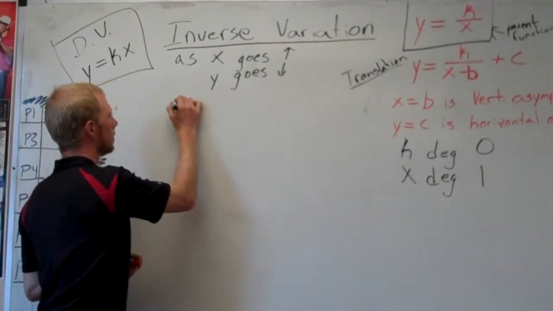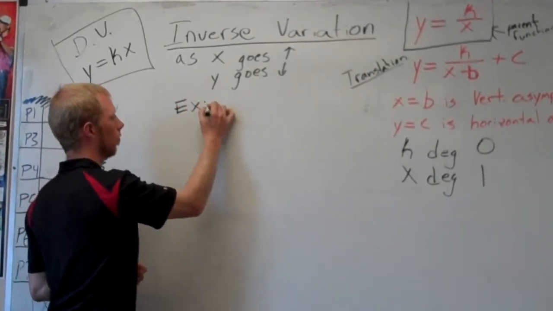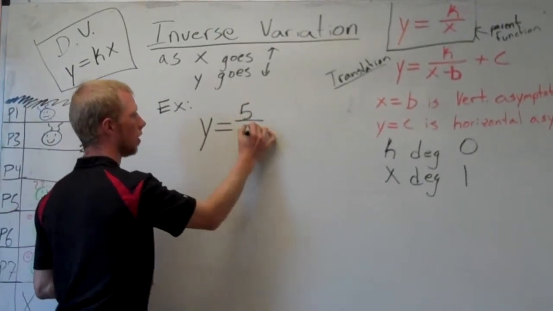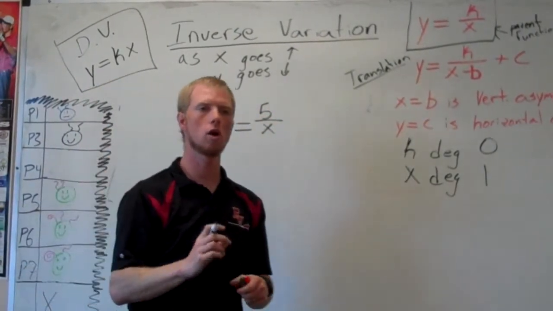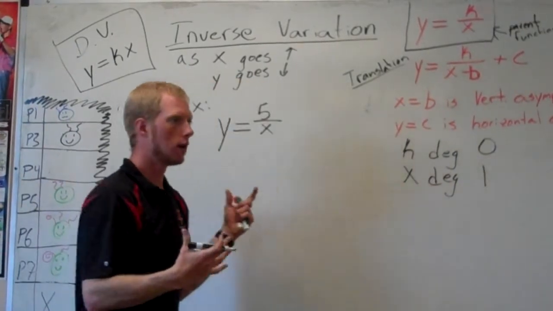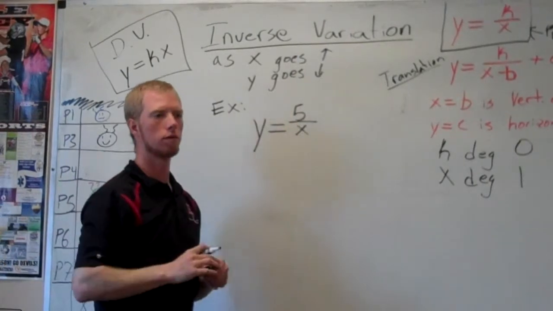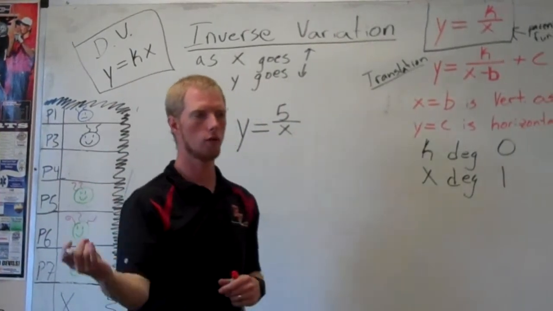So if I look at an example here, I have y equals 5 over x. What I notice is that I'll have k equals 5. There is always a value for k.